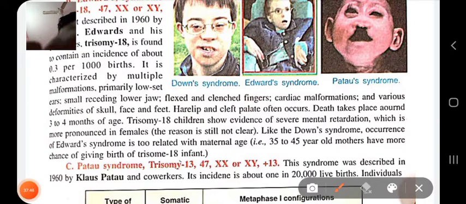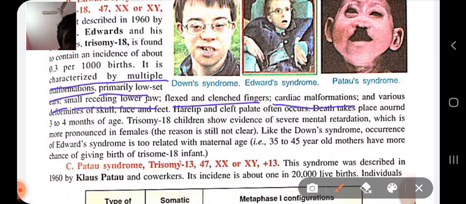It is characterized by multiple malformations. That means normal formation will not occur. Primarily low set ears, a small receding lower jaw, flexed and clenched fingers. The heart muscle will be malformed, cardiac malformations, and various deformities of the skull, face, and feet.